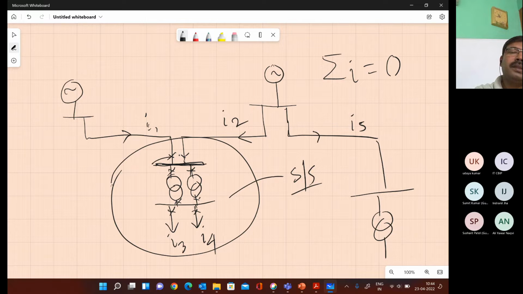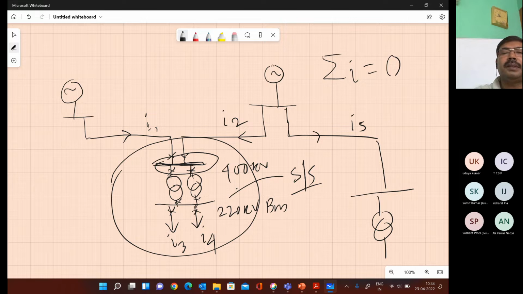Now let us say this is a 400 kV bus, and this is a 220 kV bus. Now we have to design this substation, the 400 kV bus and 220 kV bus.